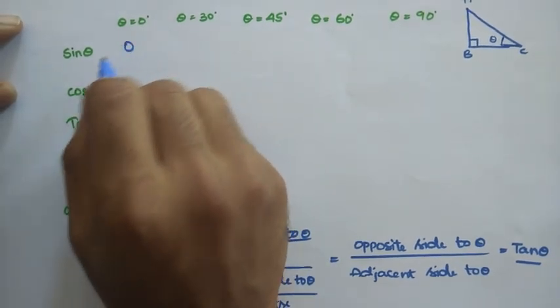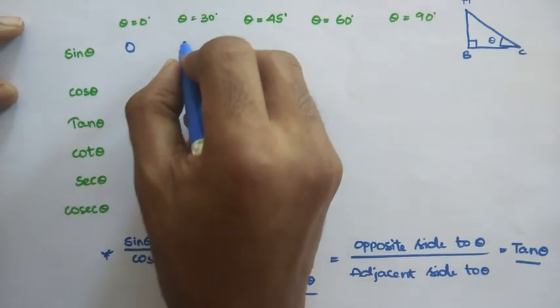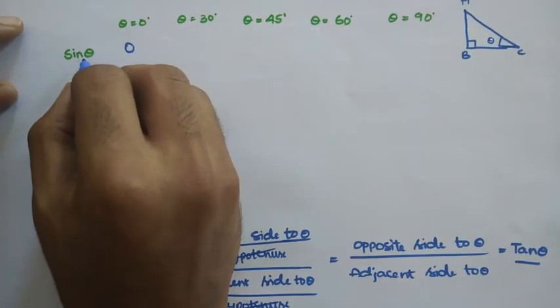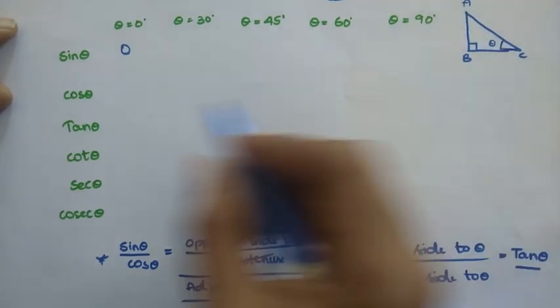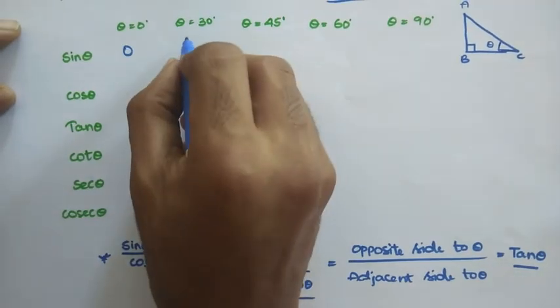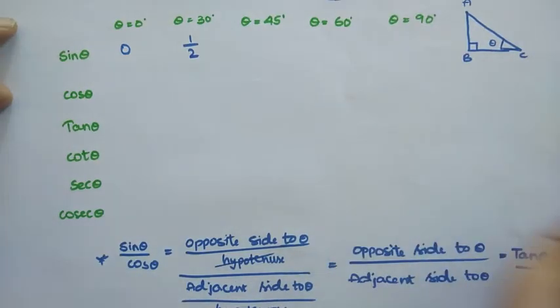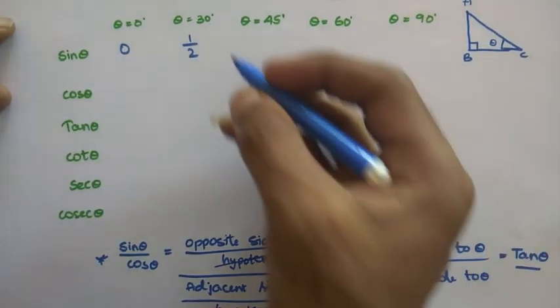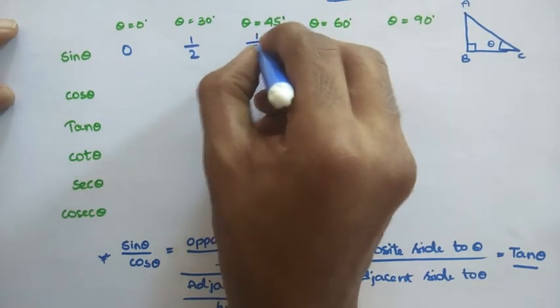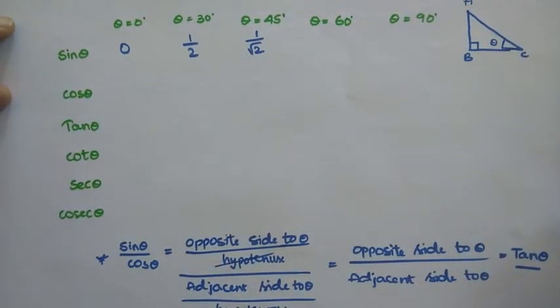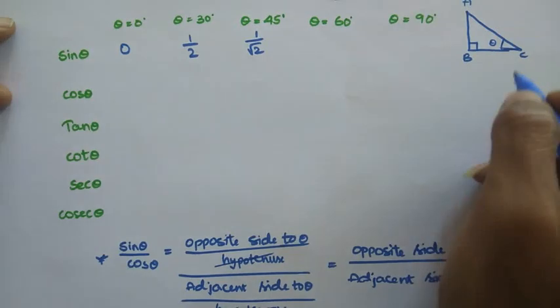Sin 0 will be 0, and if we put theta equal to 30, that means if theta is 30 degrees, then sin 30 will be 1 by 2. If theta is 45, then sin 45 will be 1 by root 2.